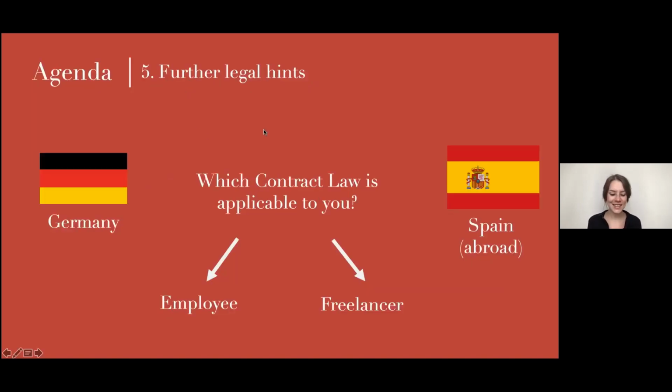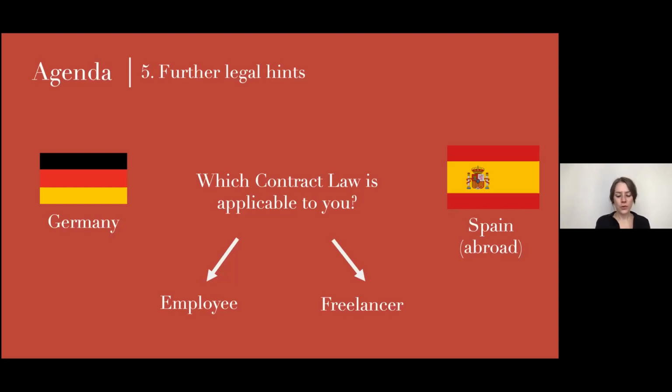further little hints, because there's, from my point of view, another very interesting topic: the question, what law is applicable in regards to your collaboration with your employer or your client if you work as a freelancer?